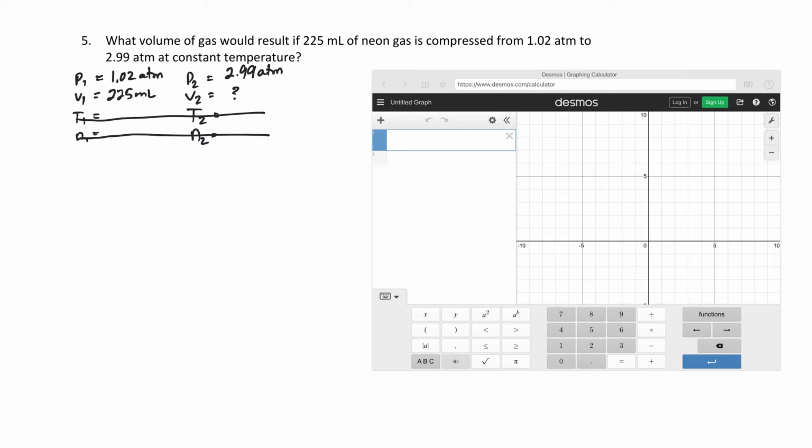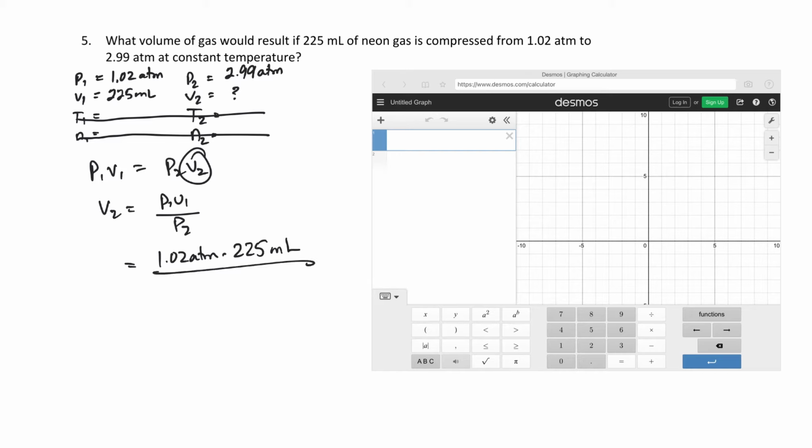So that is pretty vile. Has to be Boyle's law. So P1V1 equals P2V2. We're going for V2, right? So that's what we're looking for. So V2 is P1V1 over P2. So pressure 1.02 atmospheres, times volume 225 milliliters, divided by pressure 2.99 atmospheres.